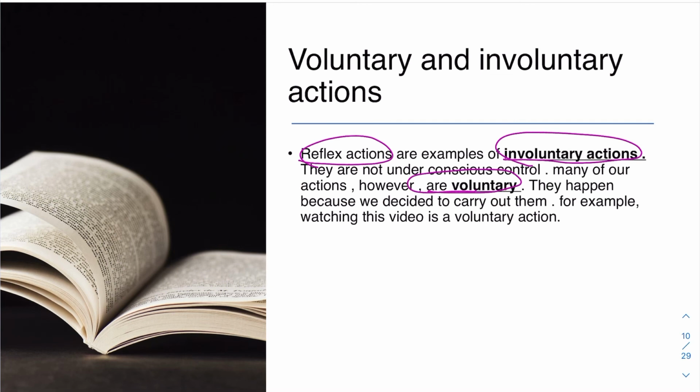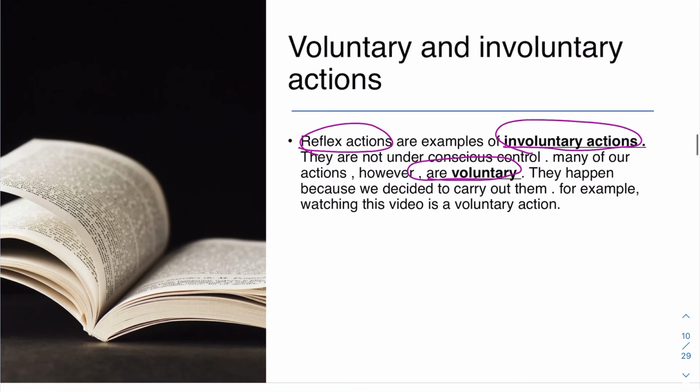But involuntary actions are not under your control, and your body does them immediately, because the main purpose of your brain is to keep you alive. Okay, thanks for watching this part of the coordination system in animals.